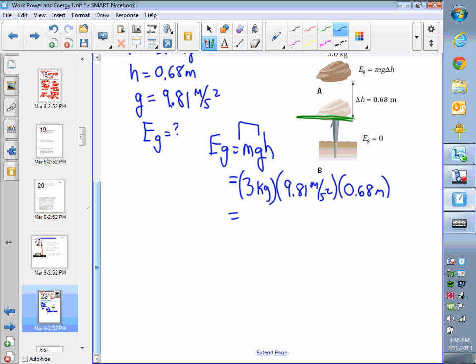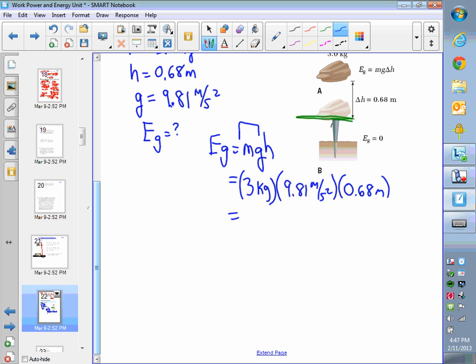If we take a look at what the units would be, you're going to have a kilogram and a meter per second squared, and then you're going to multiply that by meters. So you're going to get 3 kilogram meters squared per second squared. And that, as we saw in other videos, was actually a joule.